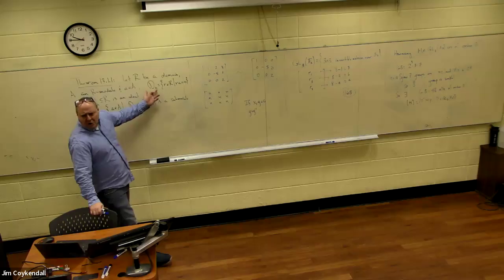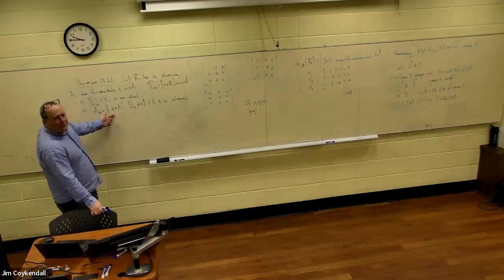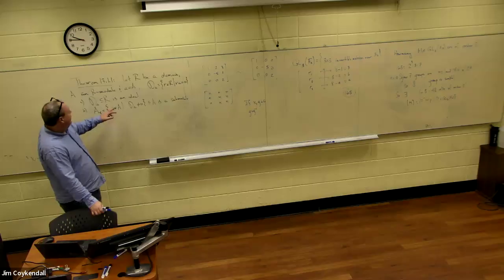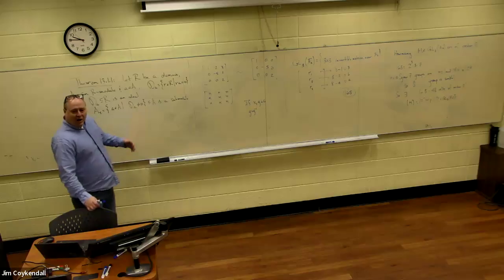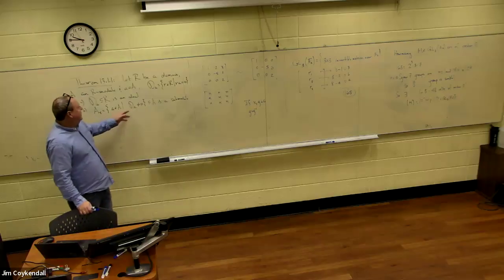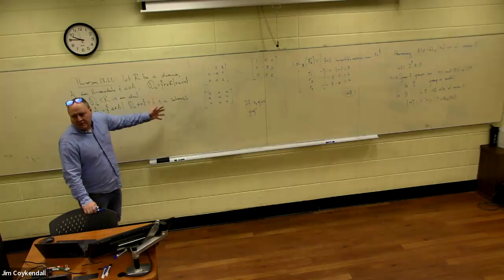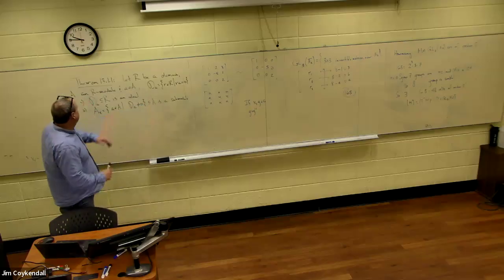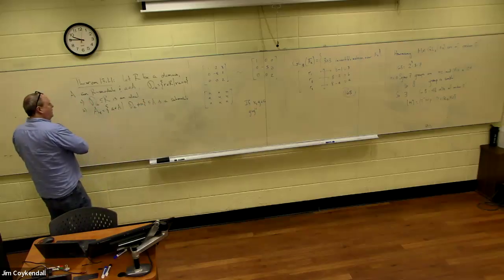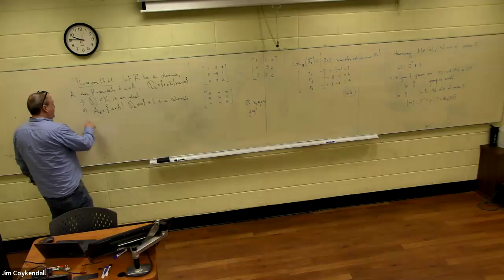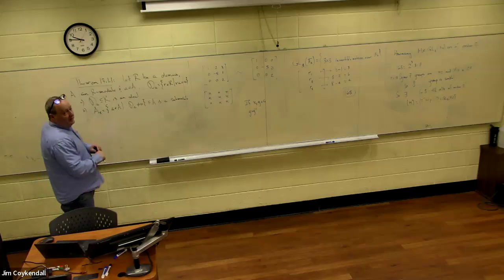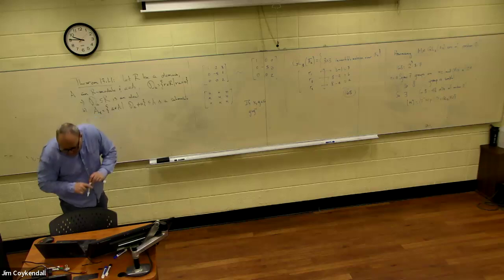But some naughty A's might have non-zero things that kill them. A sub T is sometimes called the torsion elements of the module. These are everything in A such that D of A is not zero. Translation: everything in A that is killed by something that is not zero, right? If it's killed by something that's not zero, then it lives in A sub T. And this is a submodule of A. By the way, for B, you definitely need R as an integral domain.